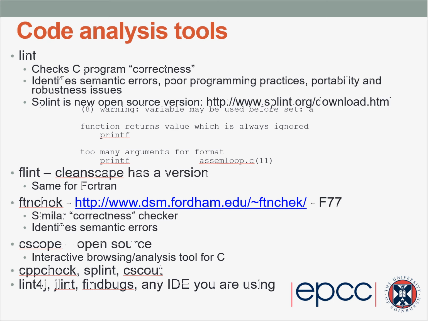So if I take a code analysis tool like lint, here's a top example, it's checking the correctness of my C program. So it's looking at not just is that correct C you've written, but looking at some of the other issues beyond that. And I can see that in this case it would give me a warning to say variable may be used before set.